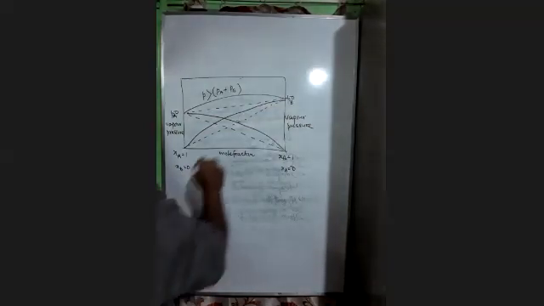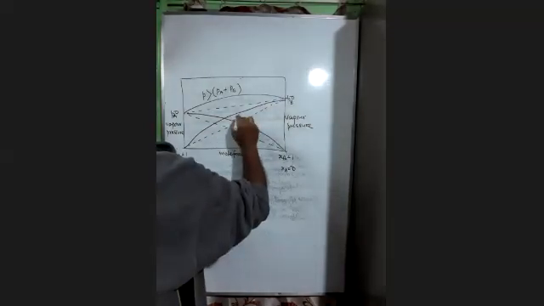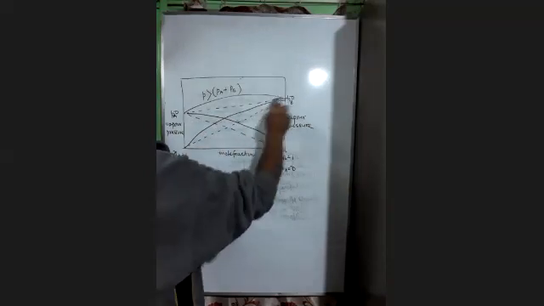Okay. So what should I write now here? This is for PA. This is PB.